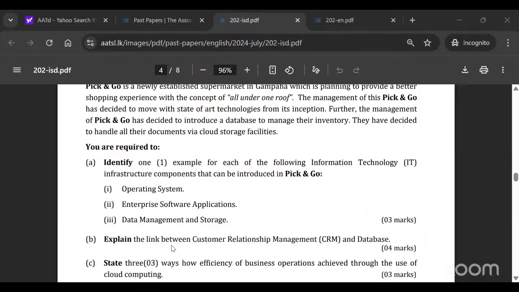Cloud computing enables employees of Pick and Go to access business applications, inventory data, and documents from any location with an internet connection. This enhances collaboration among staff and improves decision making, as real-time data can be accessed easily by authorized personnel, even remotely. These are the advantages of using cloud computing.